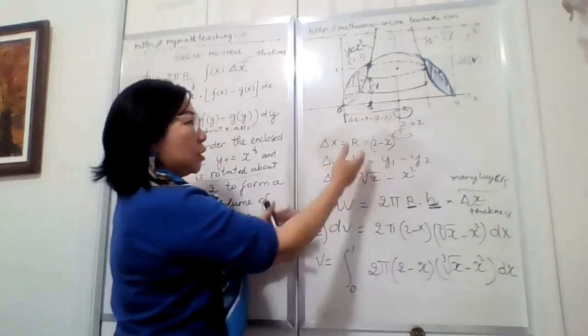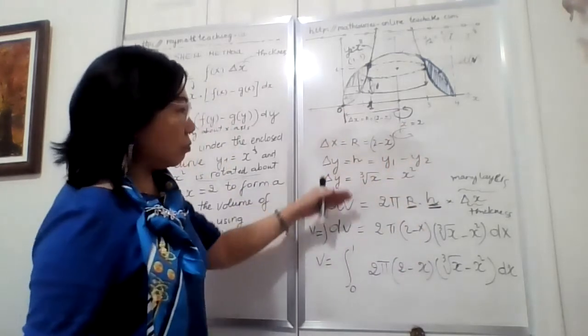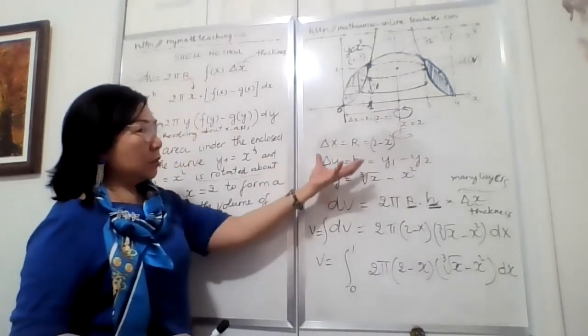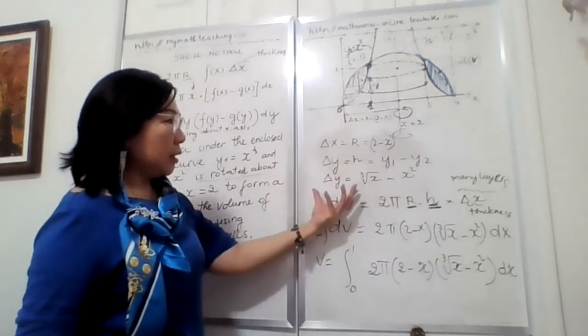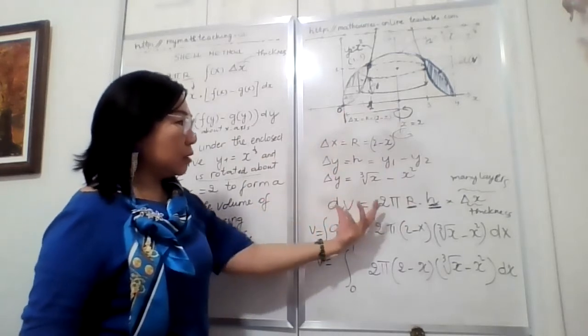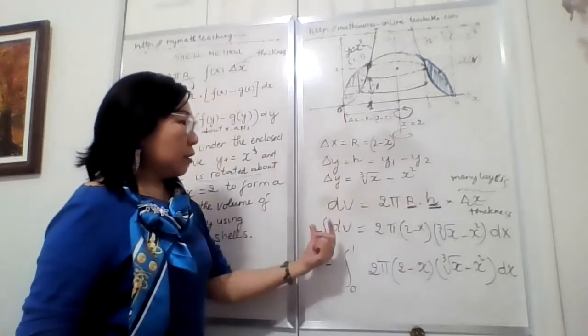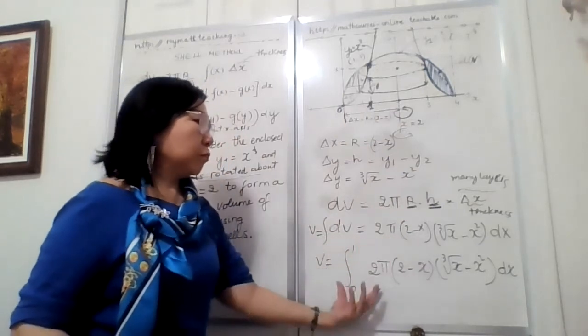In another question it might be 4 minus X or whatever, but that is the way this question looks. So we find out the X, we find out the Y, and then we substitute in the formula. We find the derivative of the volume. We do the antiderivative, we get the volume.